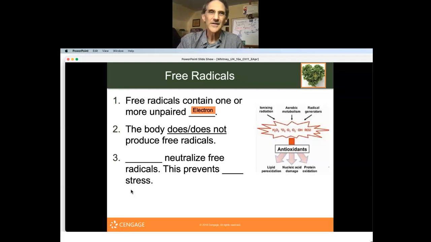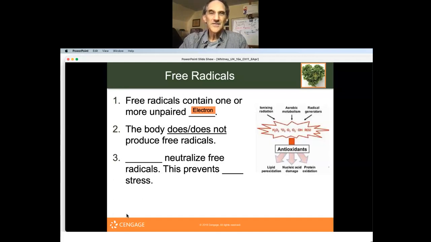You remember from chemistry, electrons don't like to be unpaired. They do whatever possible to find a partner and to be paired. Every element in the periodic table does what it can to get paired electrons. In fact, you might remember the octet rule, where outermost electrons want to be paired up so they are like noble gases, and that happens to be an octet, or 8 valence electrons. Good to recall your chemistry.